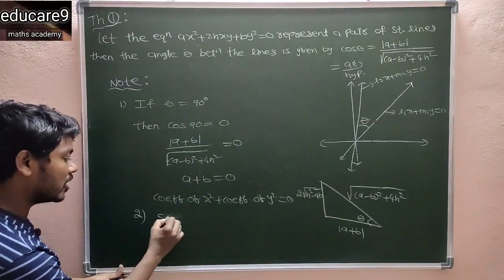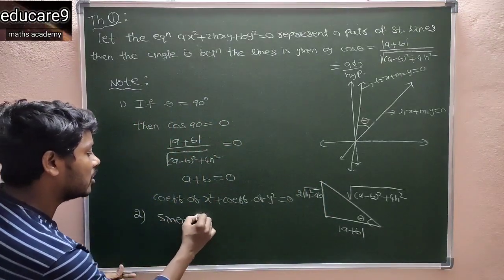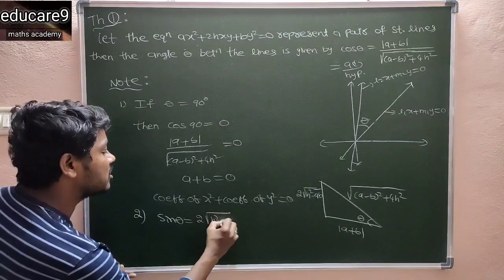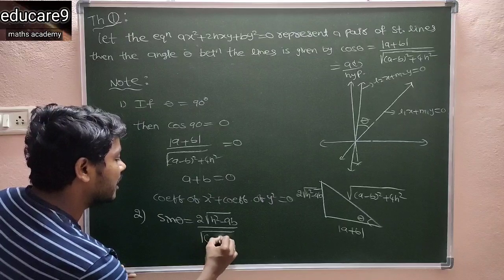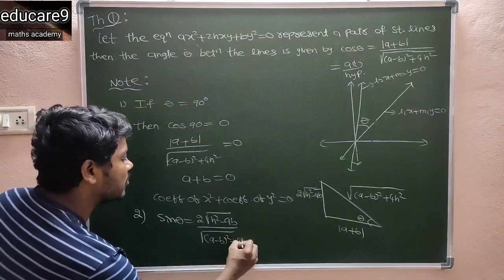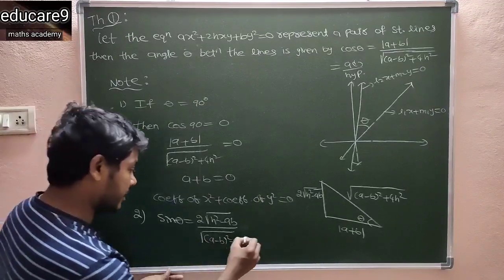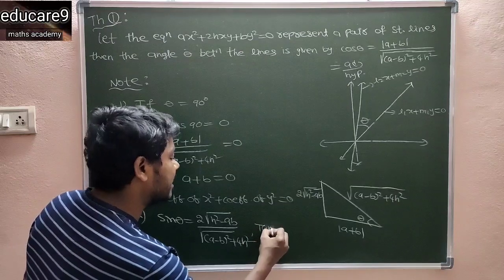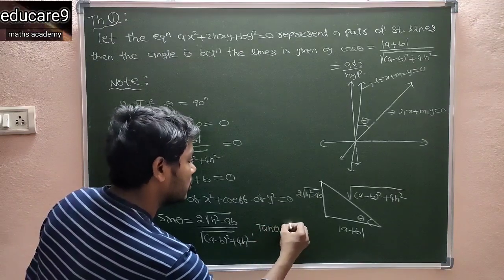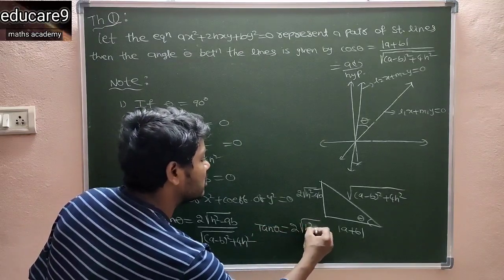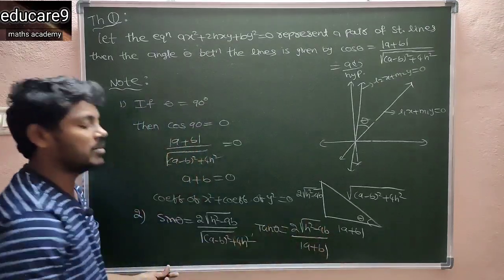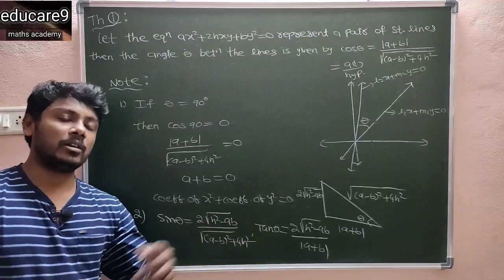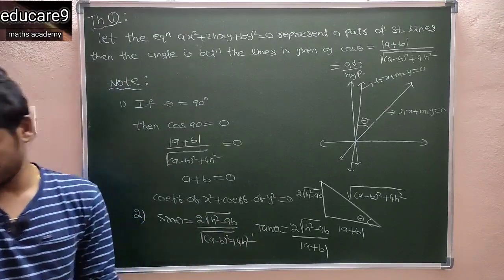Therefore sin theta is 2 root h square minus ab by square root of a minus b whole square plus 4h square. Next, tan theta is 2 into square root of h square minus ab by modulus of a plus b. So these are the sin and tan theta formulas.